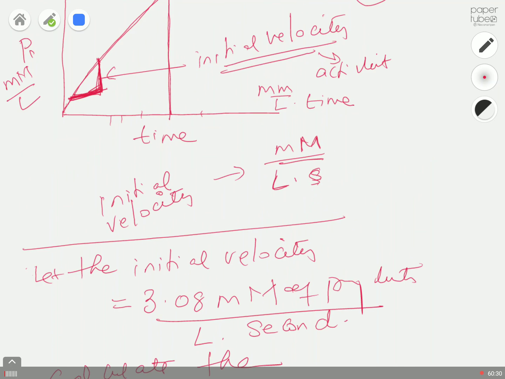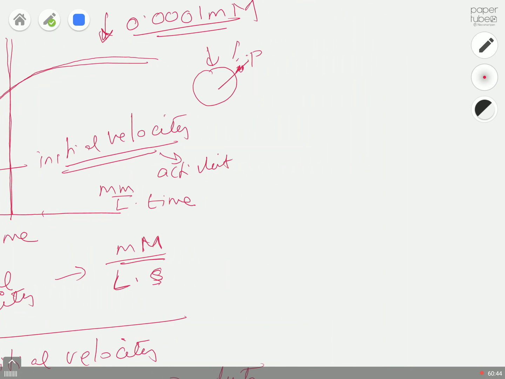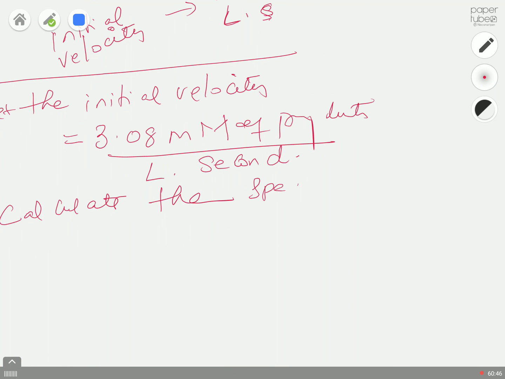We added some mass of enzyme while performing this experiment, say we started with 0.0001 millimole of enzyme. Calculate the specific activity.